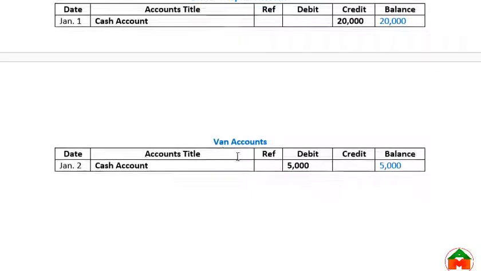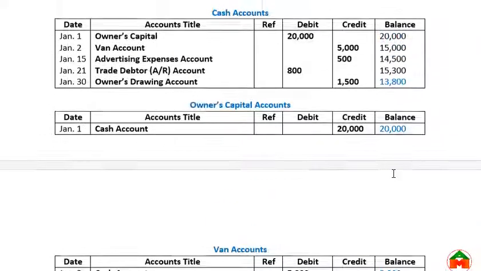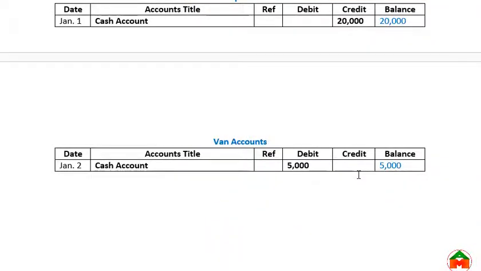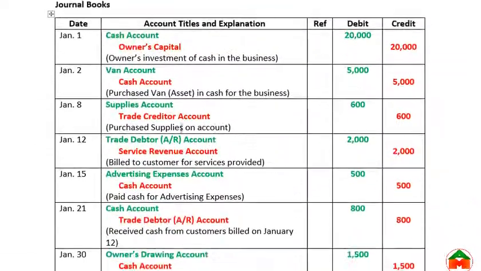Okay, van account is an asset account. Asset is debit, van is debit, so here we can see there is a balance of 5,000. So this is a debit balance because the van account is debit. So the balance 5,000 is also a debit balance. In such a way, we will prepare every account. Here we can see the supplies account.